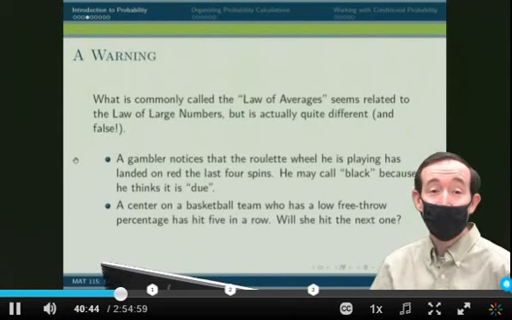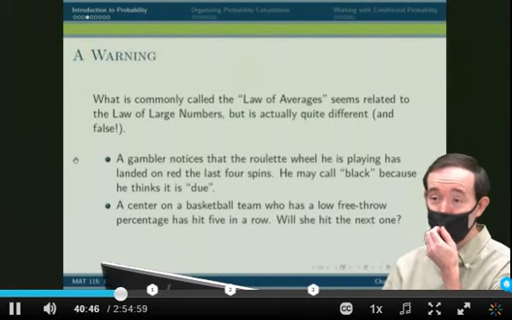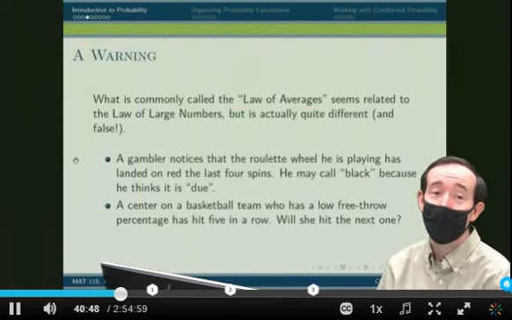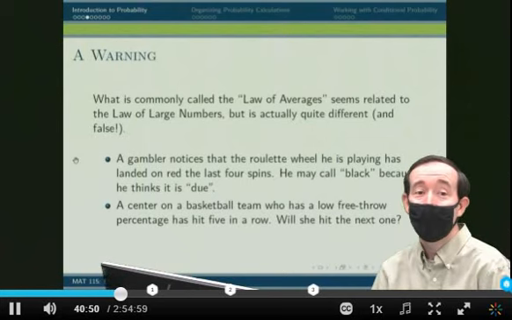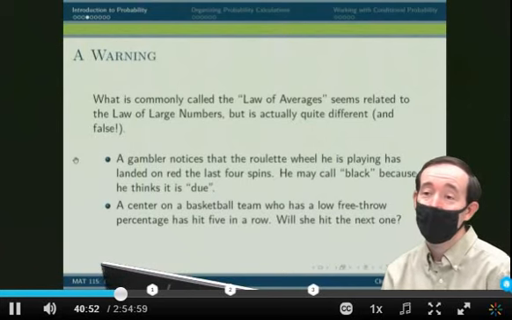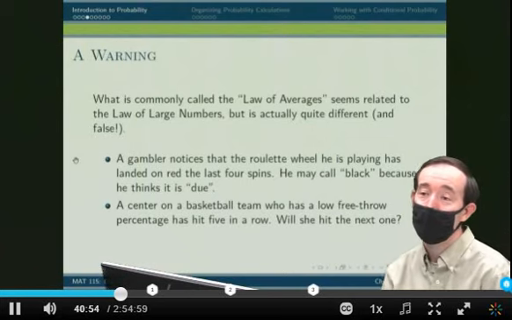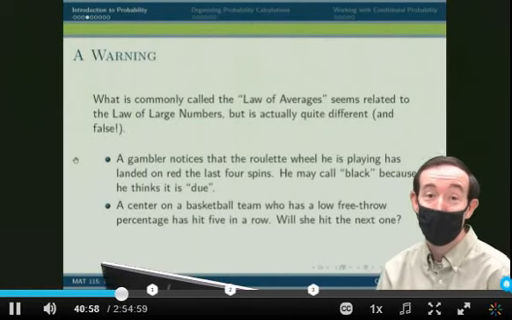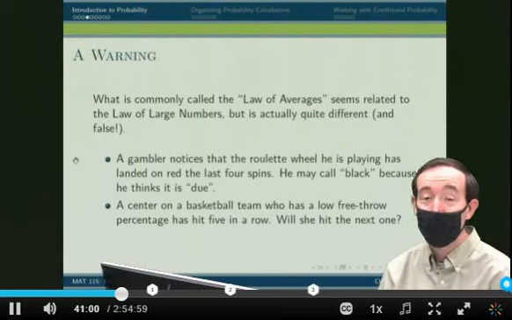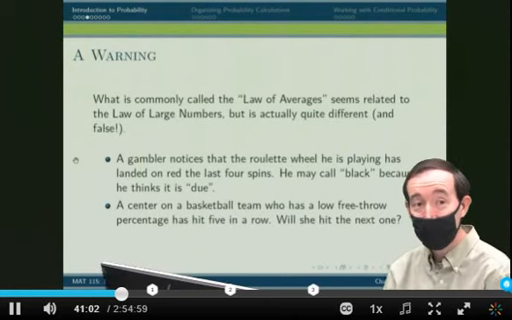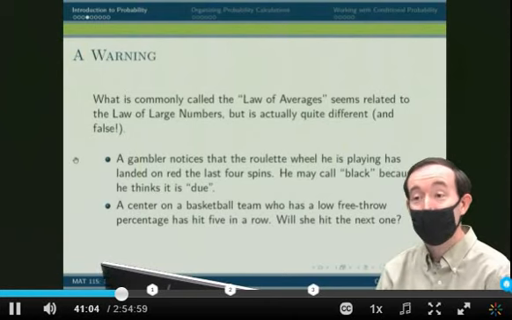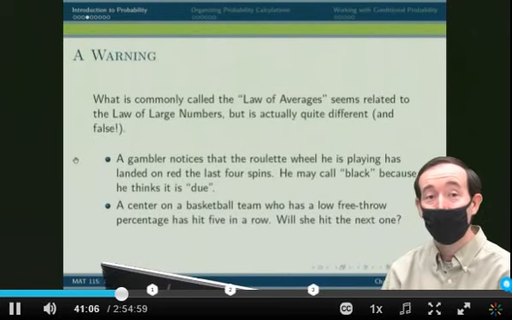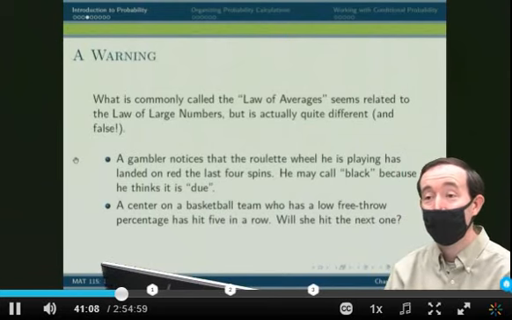Another example, suppose we have a center on a basketball team who's not a great free throw shooter, and she's hit 5 in a row. Will she hit the 6th one? Well, maybe, right? But chances are, in most cases, the probability of hitting the 6th one is pretty much the same as her free throw percentage in general, right?